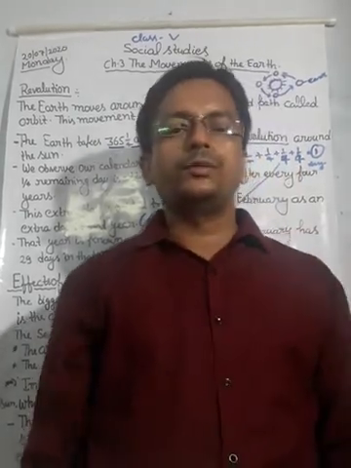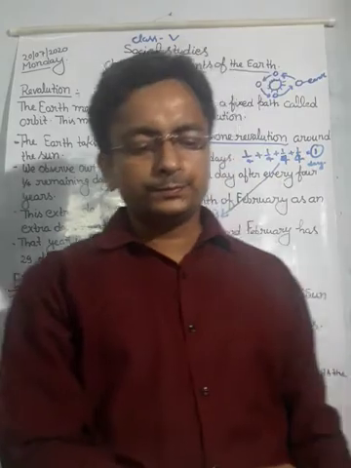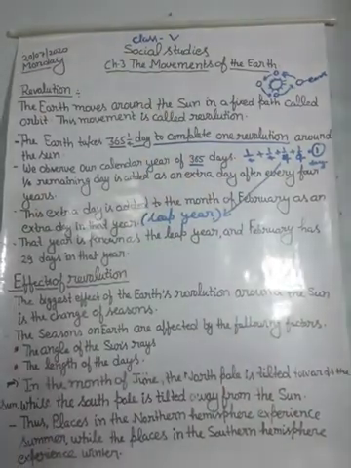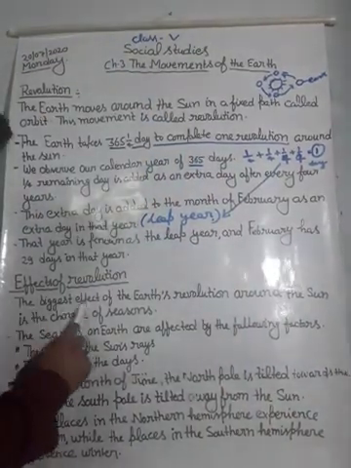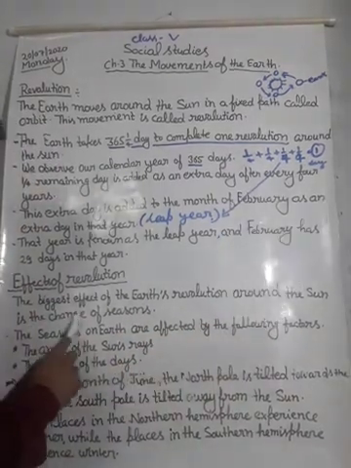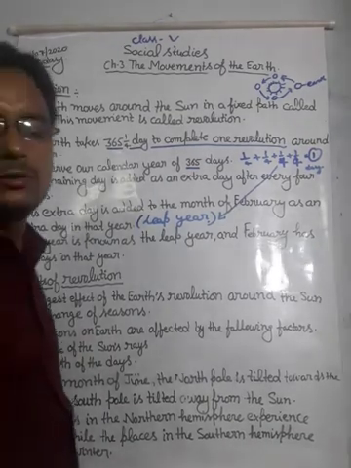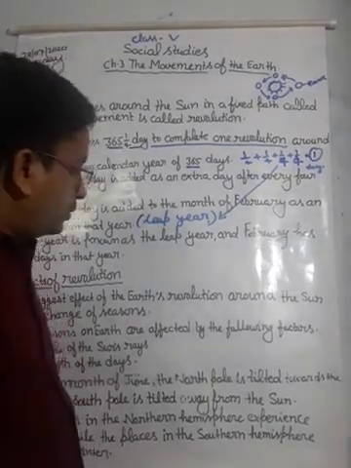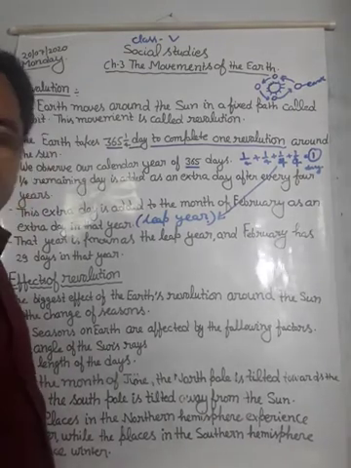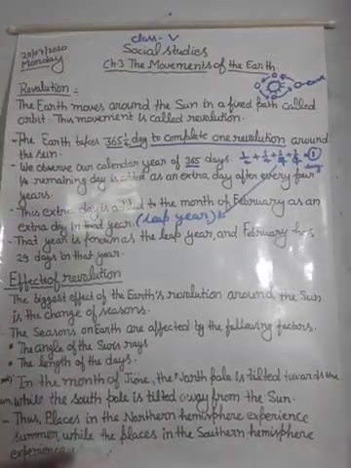In this topic we will discuss the effects of revolution. Dear students, the biggest effect of the Earth's revolution around the Sun is the change of season. Why and how, we will discuss.